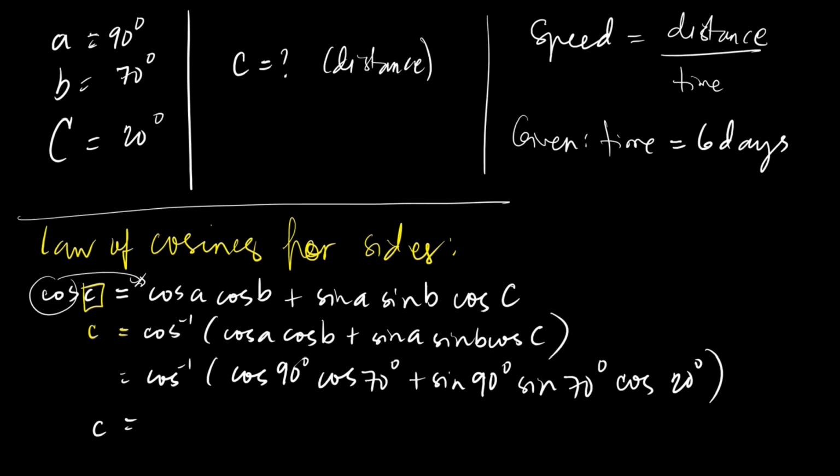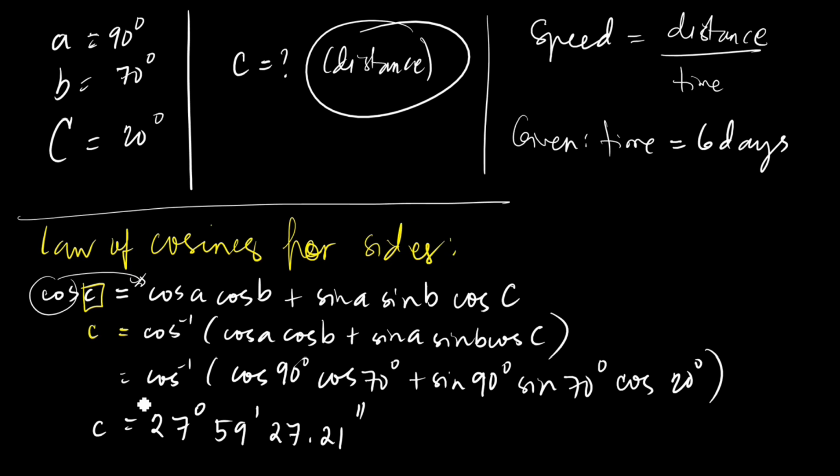So we do have in DMS, because this is still the measure of side c, angular measurement, 27 degrees, 59 minutes, and 27.21 seconds. But this is not yet the answer because we need to convert it into distance.